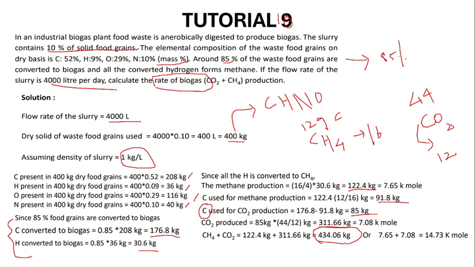So now you can obtain the same in kilomoles by dividing the individual amounts with their respective molecular weights. We divide 122.4 by 16 and 311.66 by 44 and add these two. We will obtain 7.65, 7.08, total 14.73 kilomoles. Okay. I hope this question is clear.